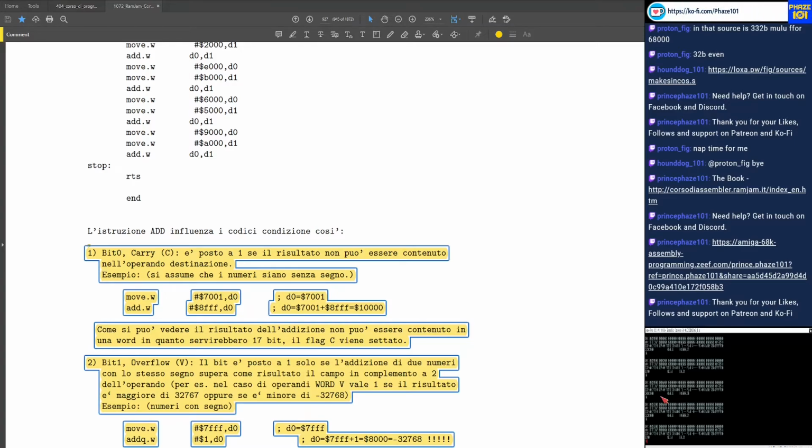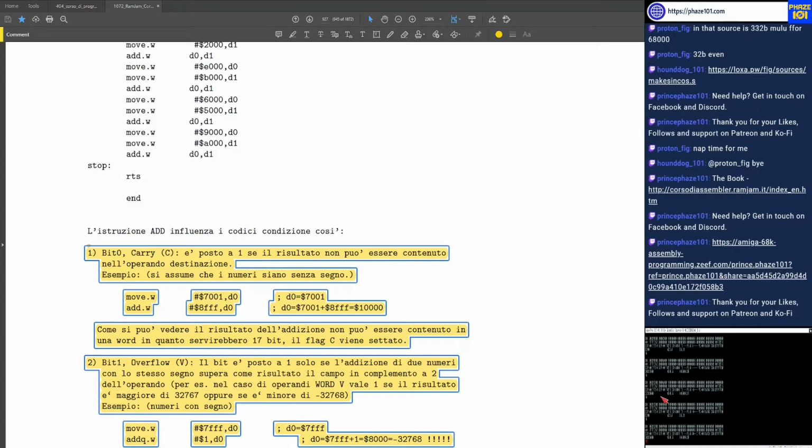We have the negative flag set, the carry set. Of course, the X is a reflection of the carry, but the number doesn't fit in the current size that we have.